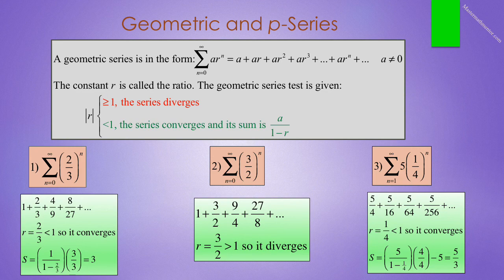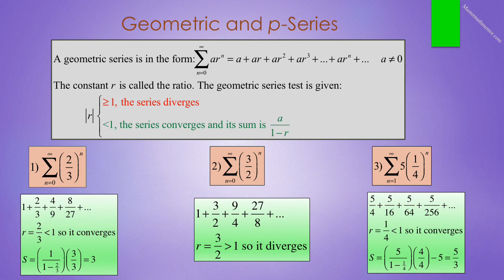To find the sum, there's a little trick here because this summation goes from 1 to infinity, not 0 to infinity, and our formula is for 0 to infinity. So we will calculate the sum from 0 to infinity and then subtract the first term, which is 5 times (1/4) to the 0 power.